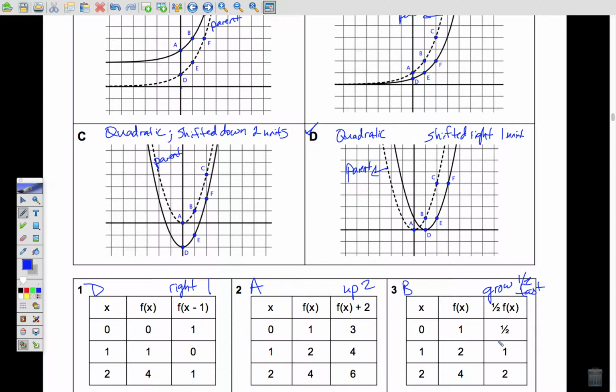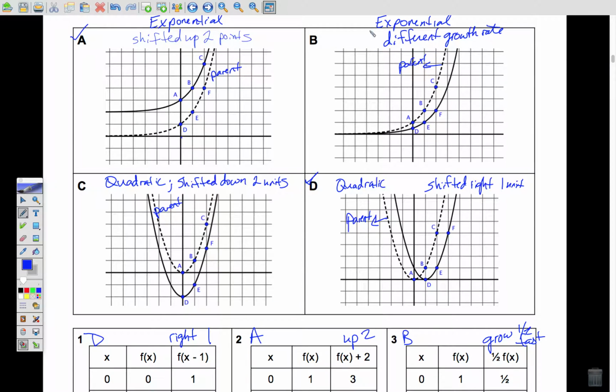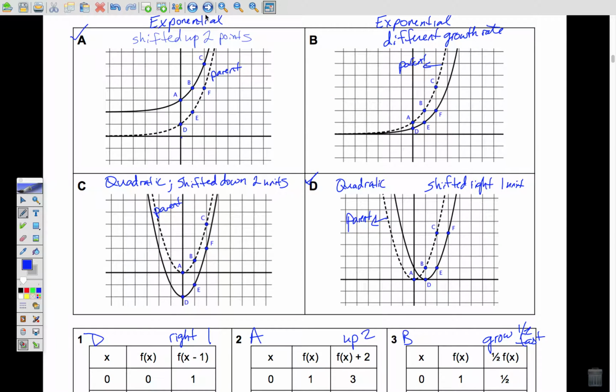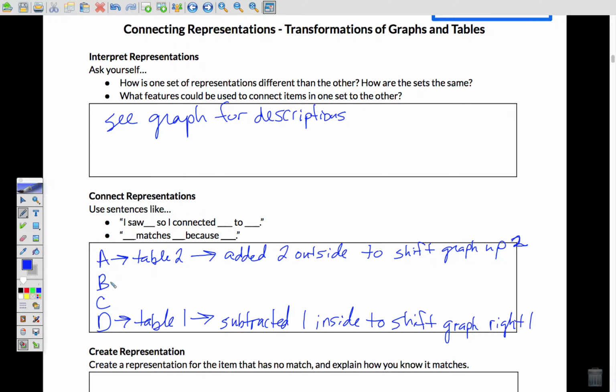It's down here at 1/2. So the parent was 0, 1, the transformed is 0, 1/2. And then our next point, the parent function is 1, 2, but the transformed graph is 1, 1. So we can see that it changed our growth rate. So let's go back. That was graph B goes with table 3.